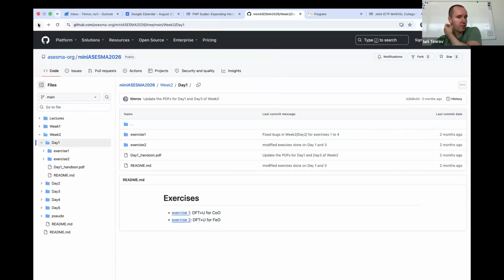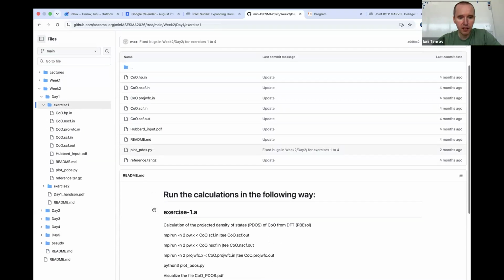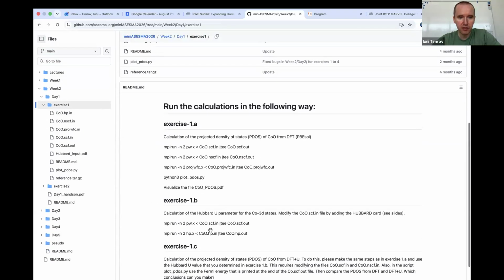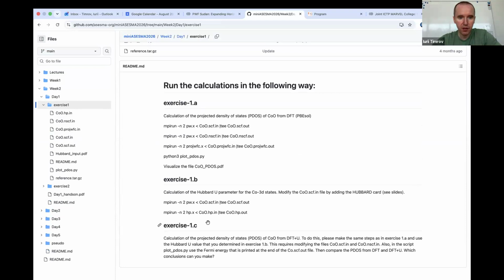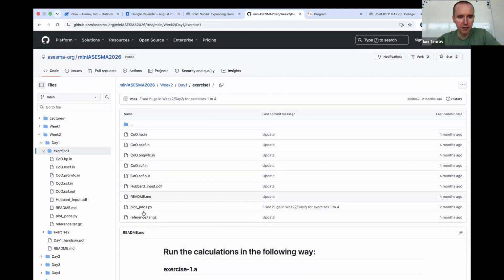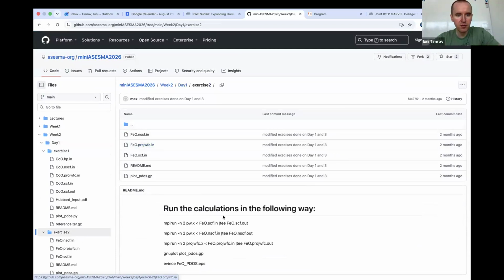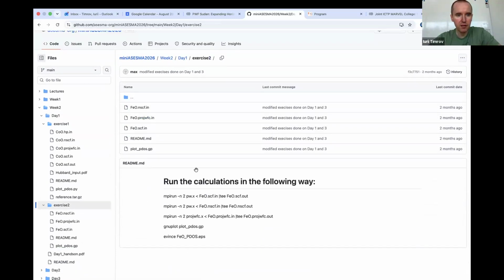In exercise 1, you have all the input files and a README. The README tells you how to run it on your laptops. And there are even references, tar.gz. You can uncompress and check the outputs. And same for exercise 2. Again, you have input files and how to run the hands-on.